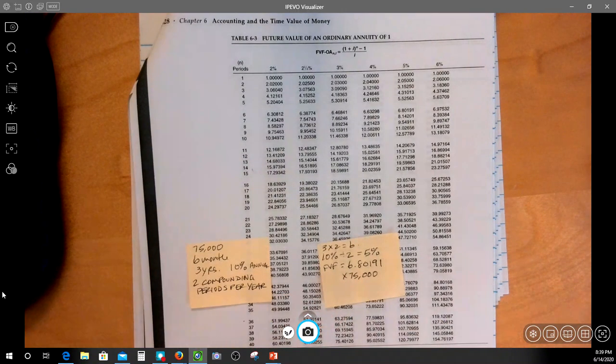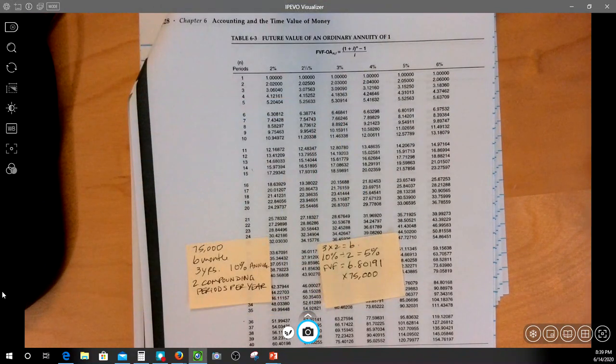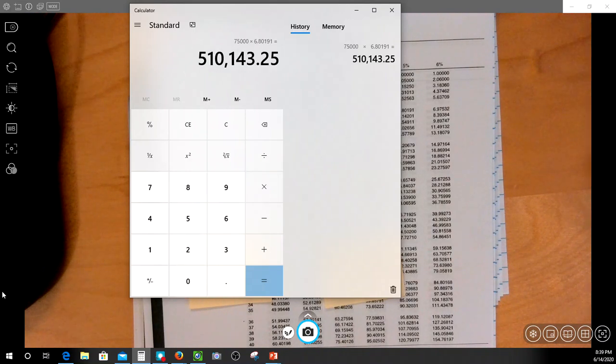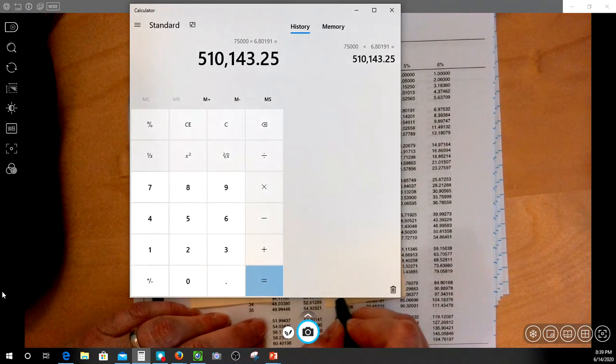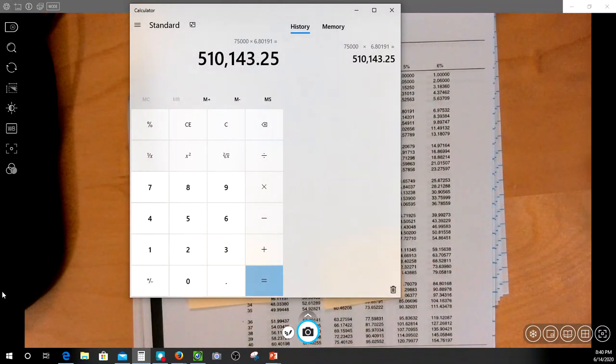Those are our payments. We'll need the calculator for that one. 6.80191 times 75,000 is 510,143.25.